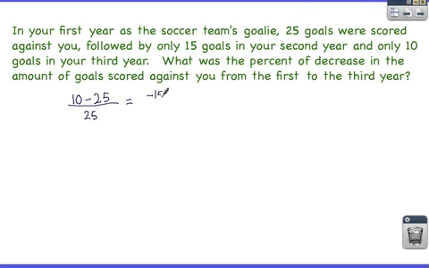So this gives you negative 15 over 25, or negative 3/5. Well, negative 3/5 equals negative 0.6, or negative 60%. When you have a negative, that's an indication that this is a percent of decrease. So we can say that this is a 60% decrease.